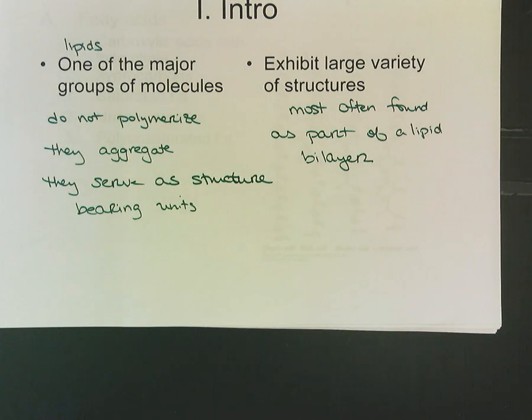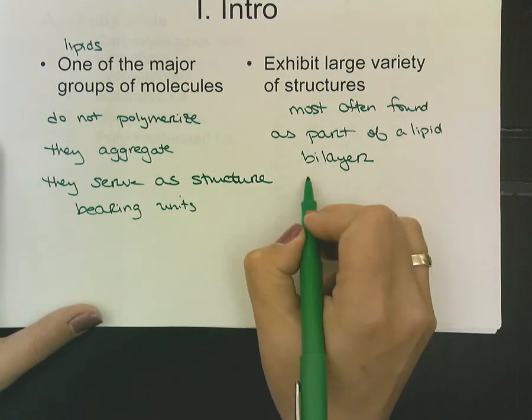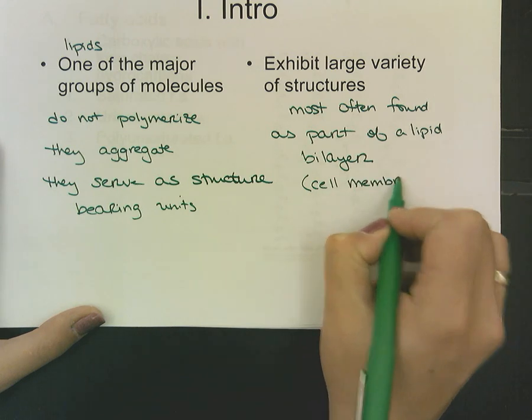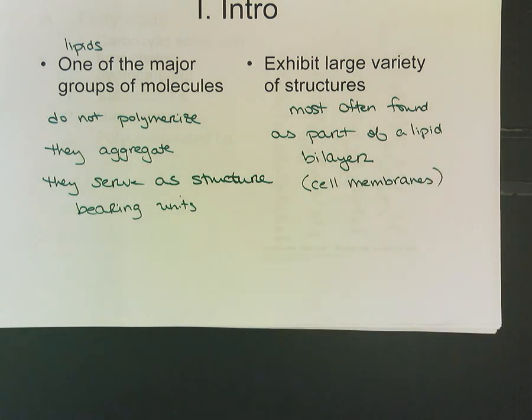And most often, the structure they're going to be found in is called a lipid bilayer, which in the body is going to be your cell membrane.